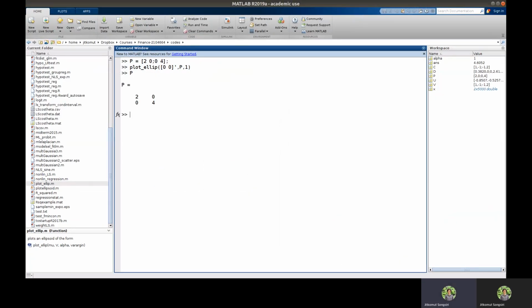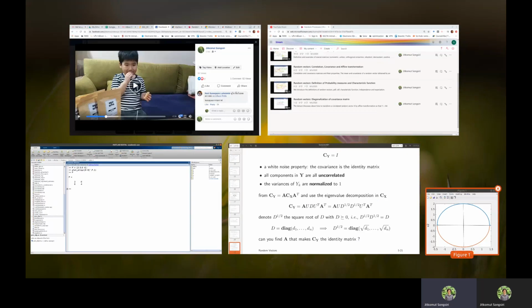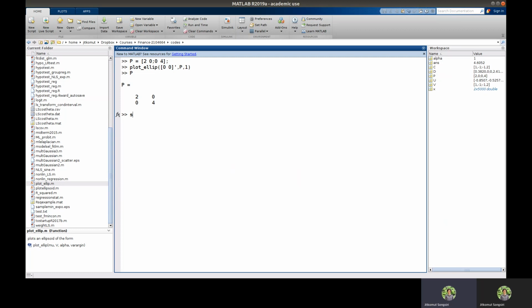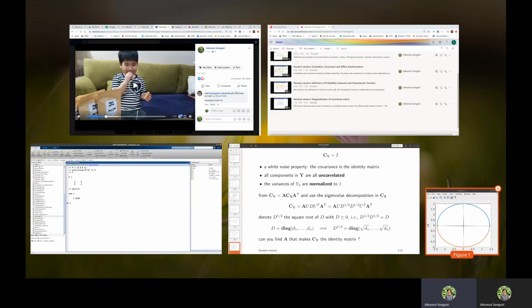My P is already a diagonal matrix. So you immediately know that the eigenvalues of P are 2 and 4. So the width of this would be square root of 2 and square root of 4, which is 2.